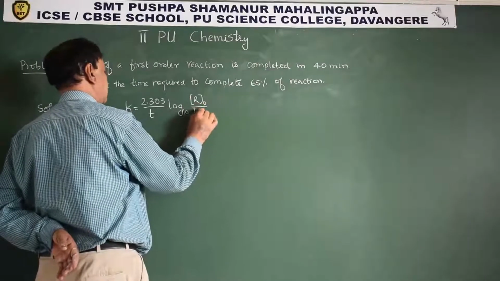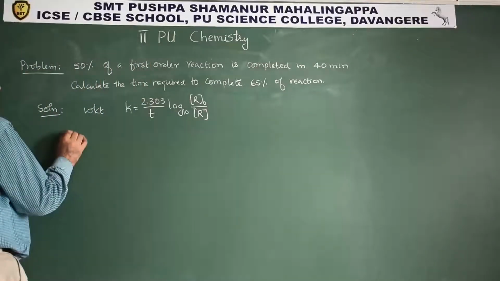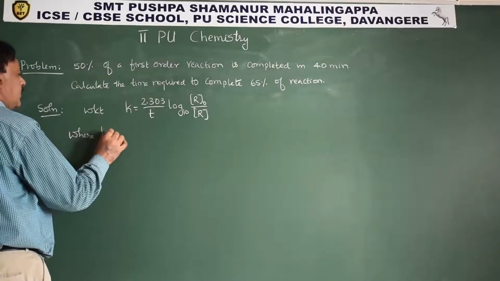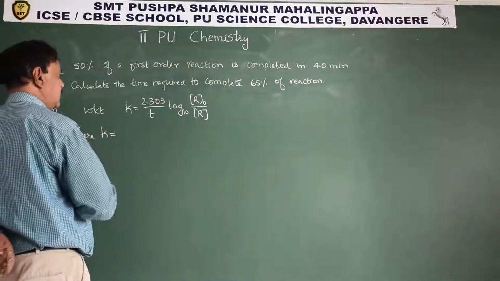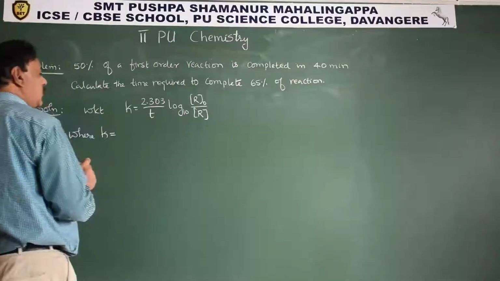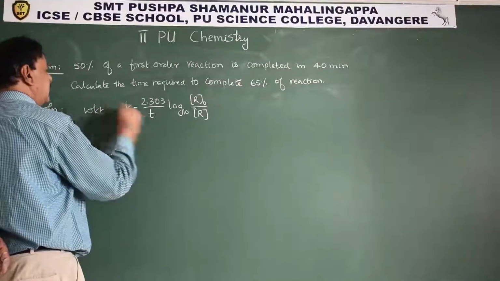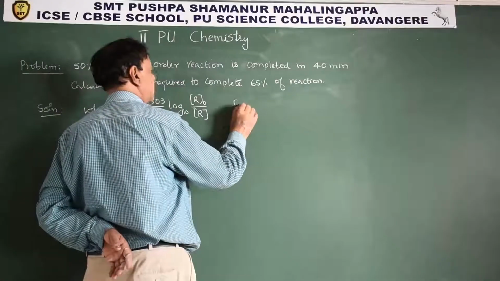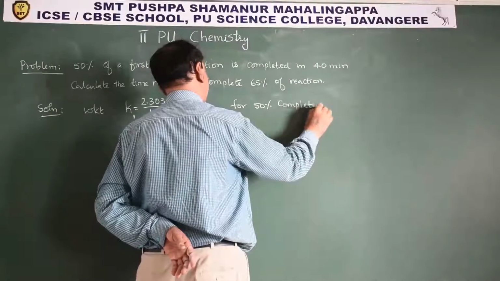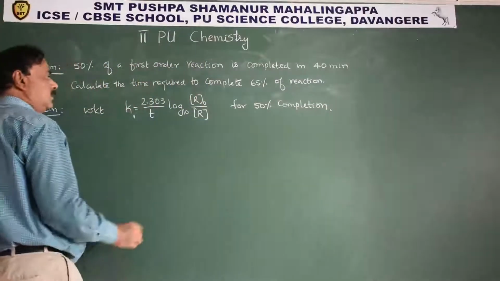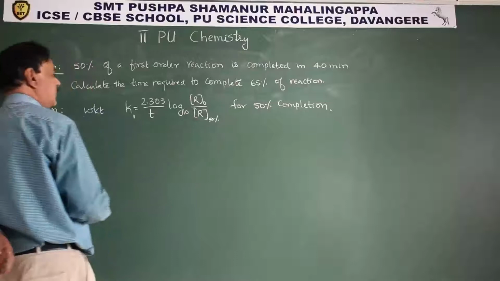We know that K is equal to 2.303 divided by t log base 10 of R0 divided by R. Now we substitute the values, where K is the velocity constant of the reaction for 50% completion. Call this K1.